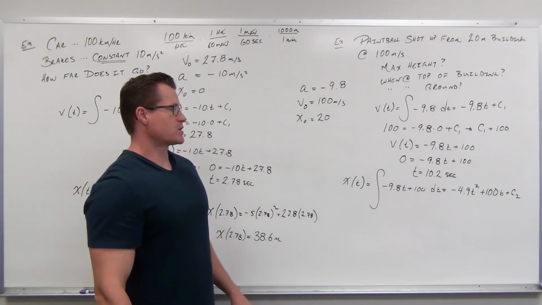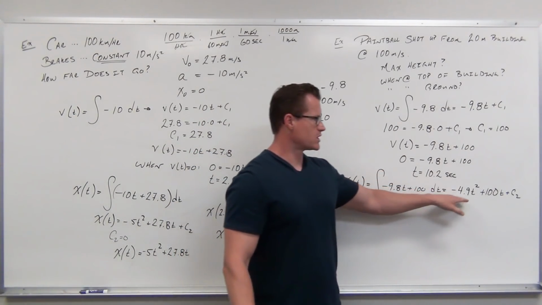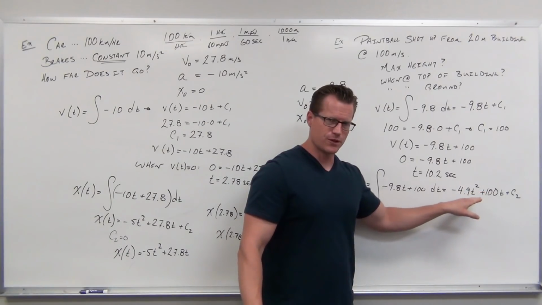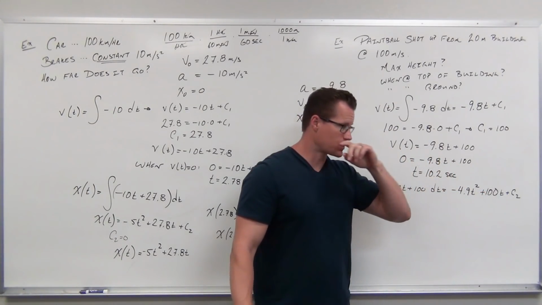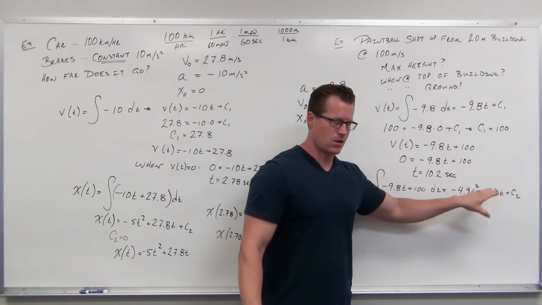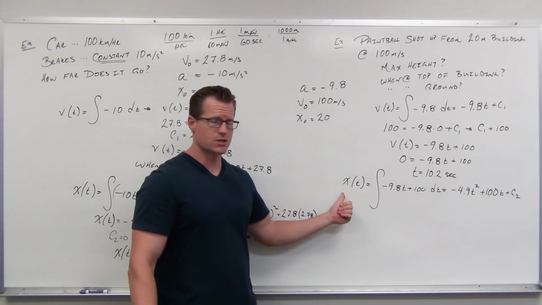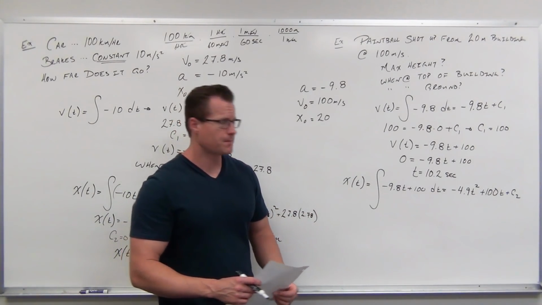Now, I just mentioned this, but that was a polynomial, and when you're integrating polynomials, you're just manipulating the coefficients and the exponents of your variables. So when you plug in 0, they're all going to disappear. That means your c2 is going to be your initial position. Our c2 is going to be 20.